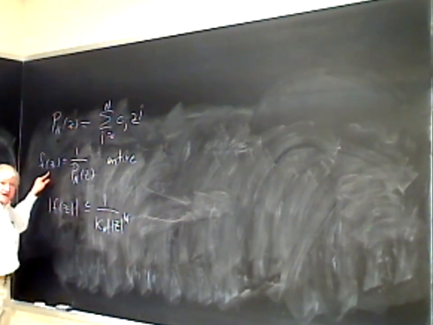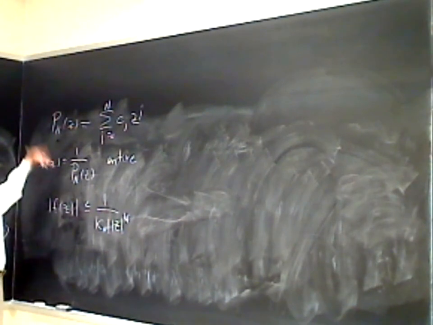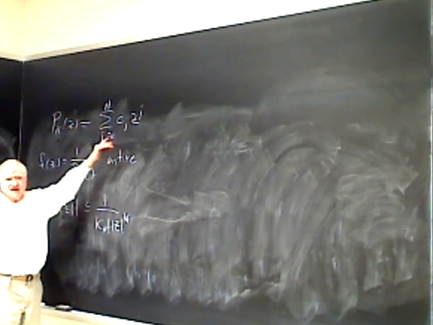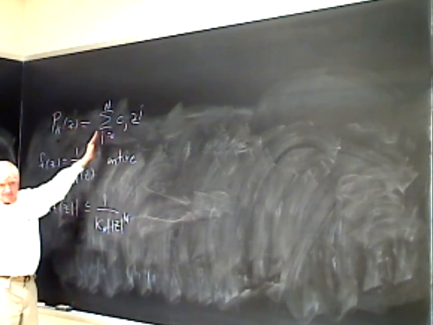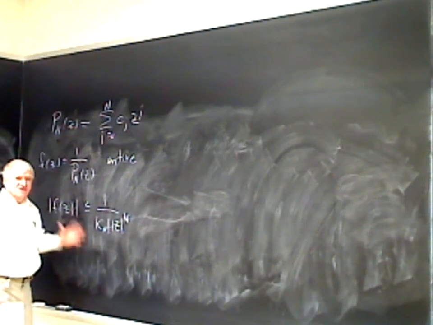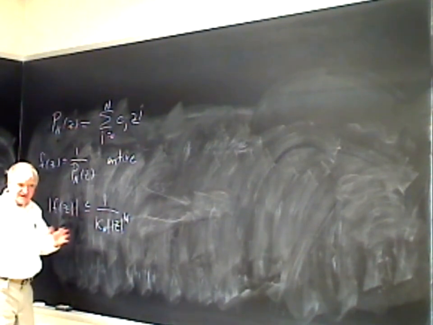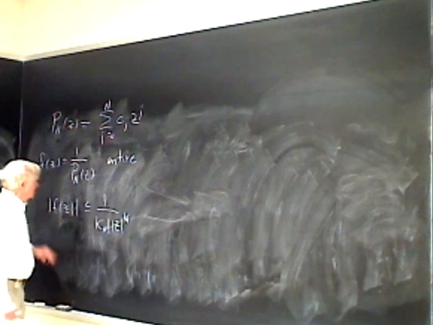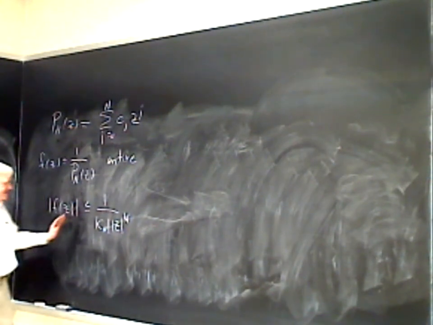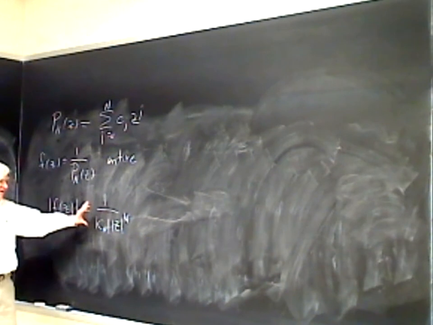Yes, but that's what we're trying to prove. We're trying to prove that P has N zeros, capital N zeros. We assume the contrary, that it has no zeros. We assume in fact the radical contrary, no zeros. Then f of z is entire. And moreover, for big z, it's bounded by something like this.